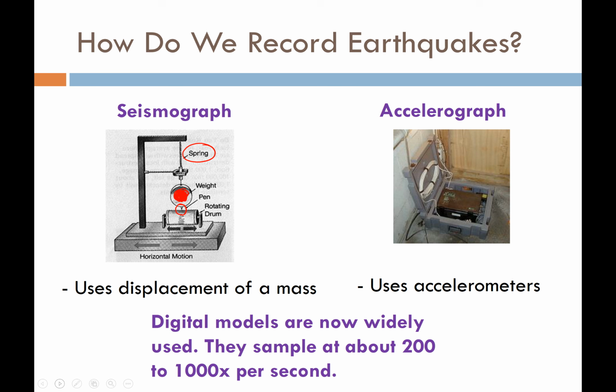Today, these instruments are really sophisticated. They've moved from analog instruments to digital instruments, and the instruments can sample up to about 1,000 times per second. So in other words, they're providing acceleration readings at anywhere between 200 to 1,000 times per second.